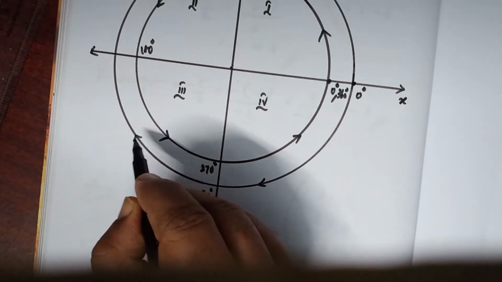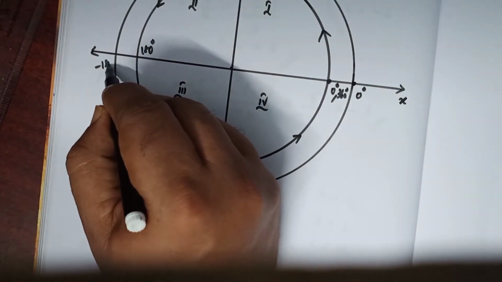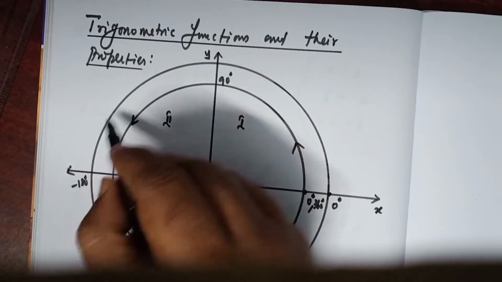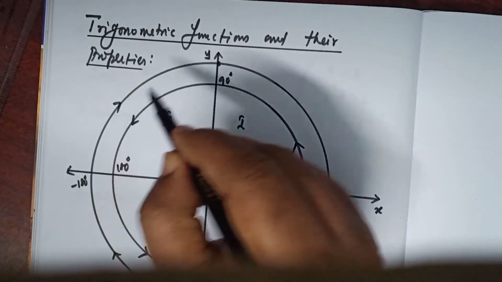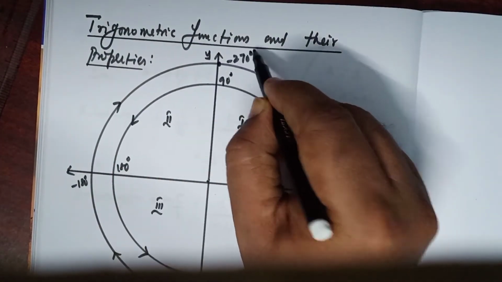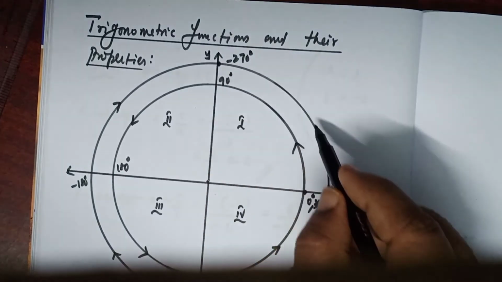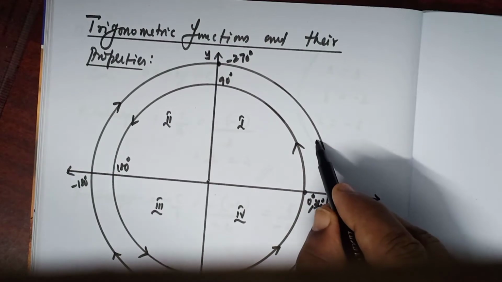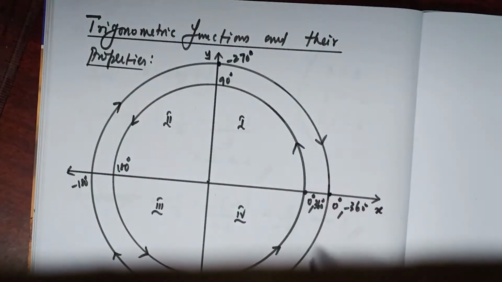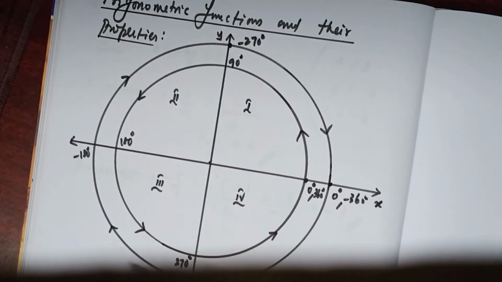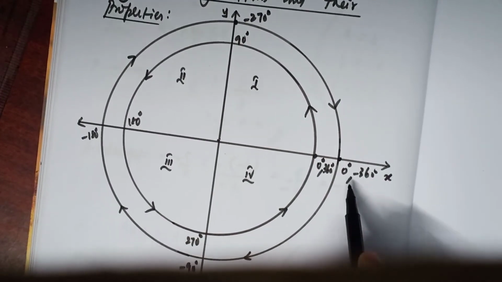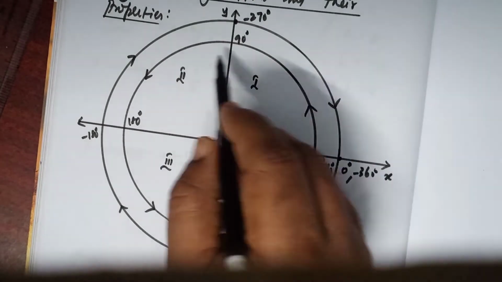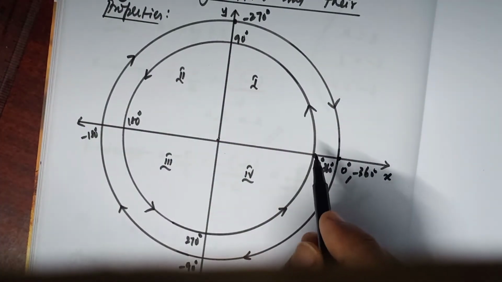Then minus 90, that is minus 180 degrees. Minus 180 minus 90, that is equal to minus 270 degrees. Minus 270 minus 90, that is minus 360 degrees. So if you rotate in clockwise direction, you will be getting a negative angle. If you rotate in anti-clockwise direction, that's a counterclockwise direction, you will be getting a positive angle.